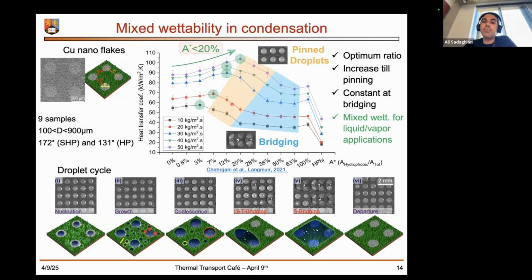Then there is a pinned droplet region, where heat transfer performance starts to deteriorate. And then in the bridging stage, the heat transfer coefficient is constant, mainly due to the limited surface area for the condensation to incept, and basically for the continuation of the condensation process.